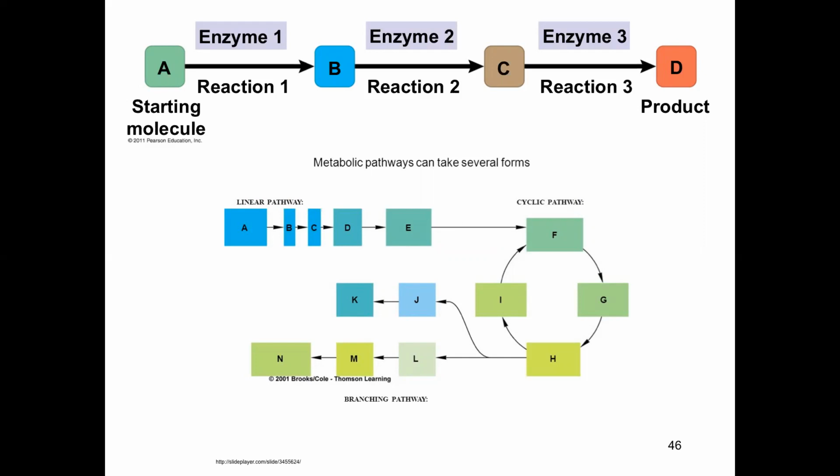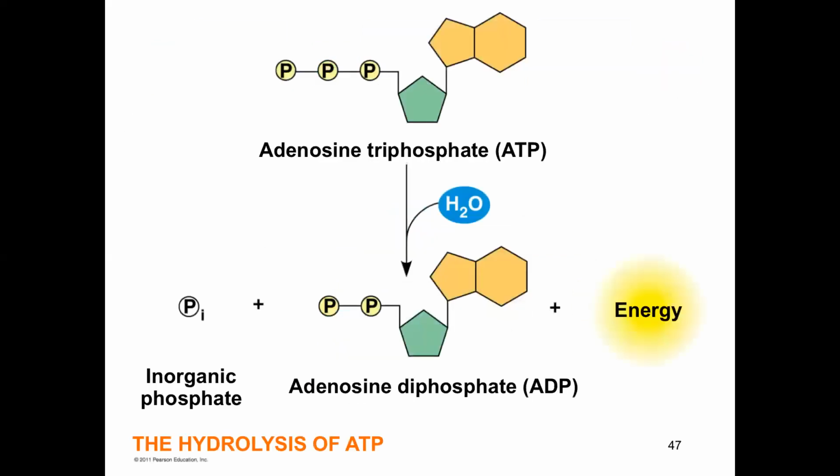As we go through, these metabolic pathways can be linear, they can go through cycles, they can branch, all right? So it's really incredible how all of this takes place and is organized. Okay, so when we make energy, our best way of doing this, the most immediate way, is using sugar. So that's what we'll talk about.